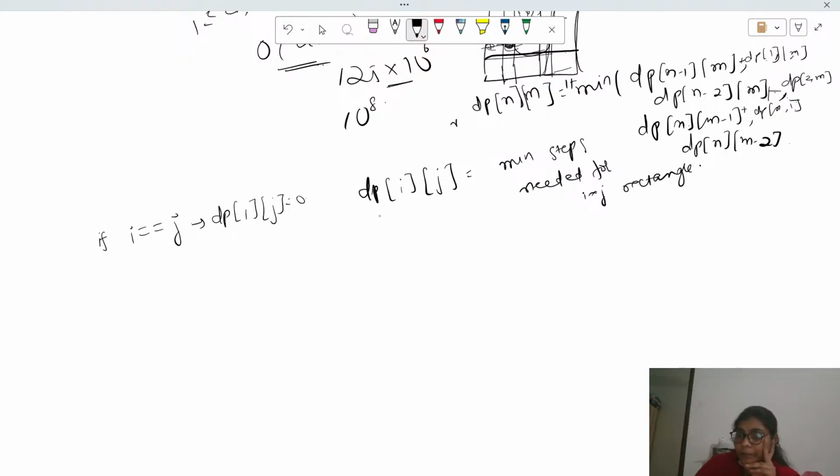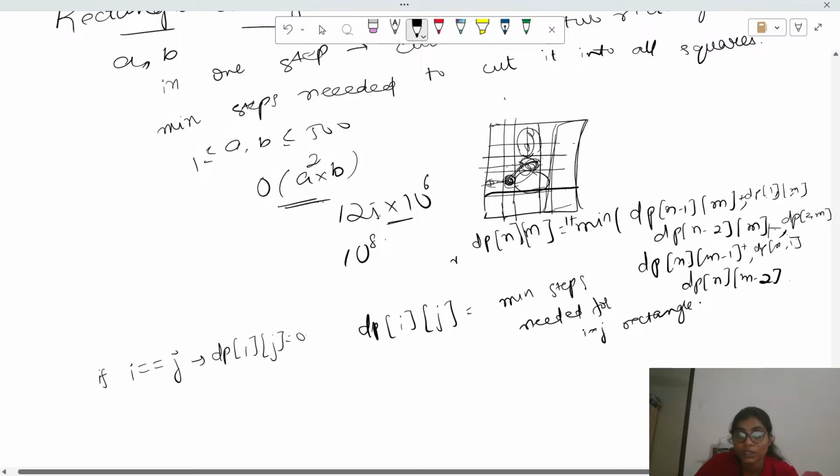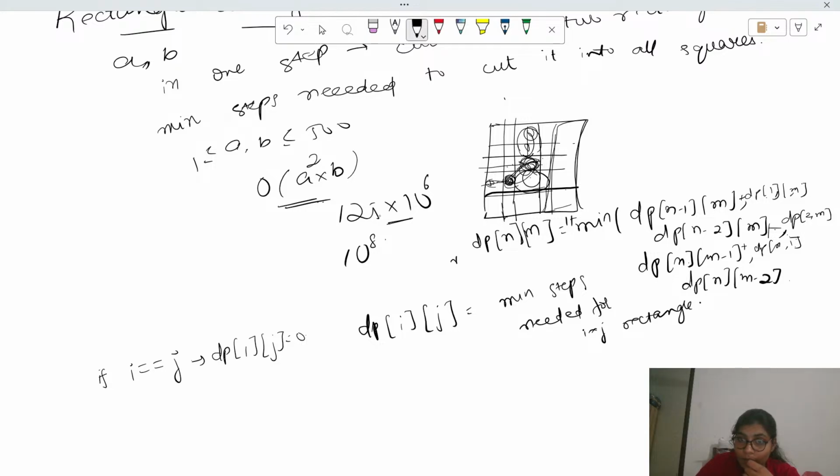So the state would be for n comma m, we would need n minus 1 comma m and 1 comma m. These two, it's actually the summation.